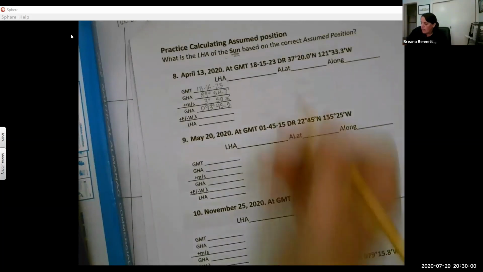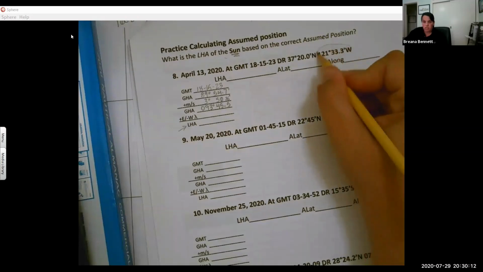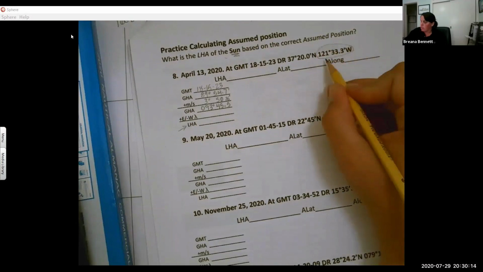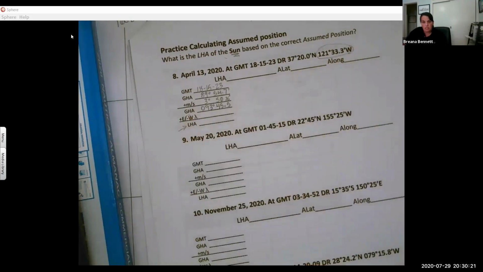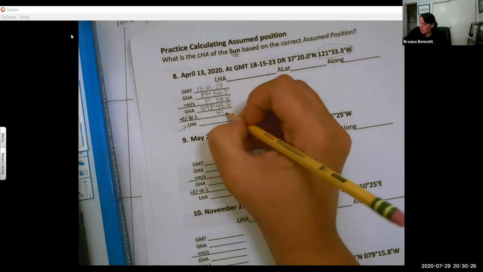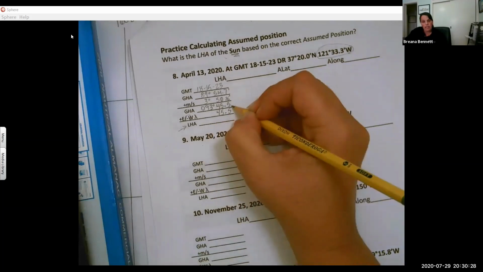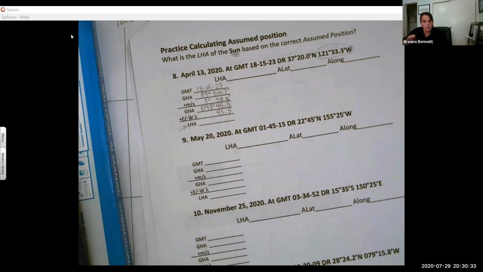My goal here is to have my LHA as a whole degree, so I don't have to do that triple interpolation. My DR longitude is 121.33 west. If I'm west, I'm going to be subtracting. So to get it to a whole number, I have to subtract 45.5 minutes to get my LHA to a whole degree.